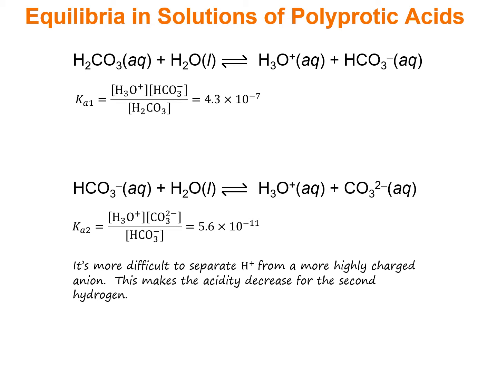As you deprotonate more, the proton has to leave a more highly negatively charged molecule behind, and that is very difficult because you're trying to separate that positive charge from that very negative charge. So as a trend, the acidity decreases for the second hydrogen. With something like phosphoric acid, which is capable of donating 3 protons, each consecutive removal of a proton becomes harder and harder, and so these become weaker and weaker acids.